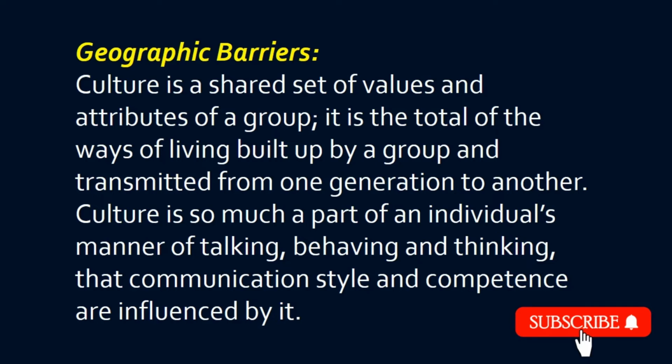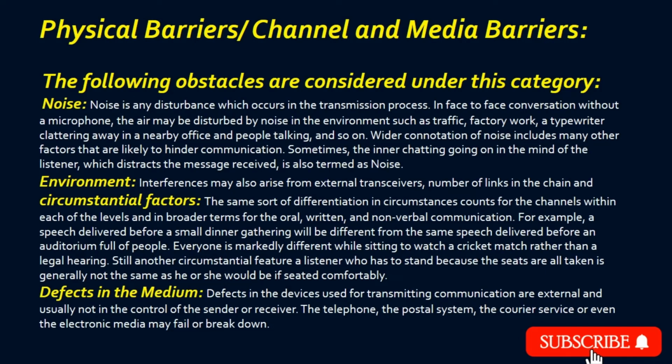Culture is so much a part of an individual's manner of talking, behaving, and thinking that communication style and competence are influenced by it. So this also makes a barrier.